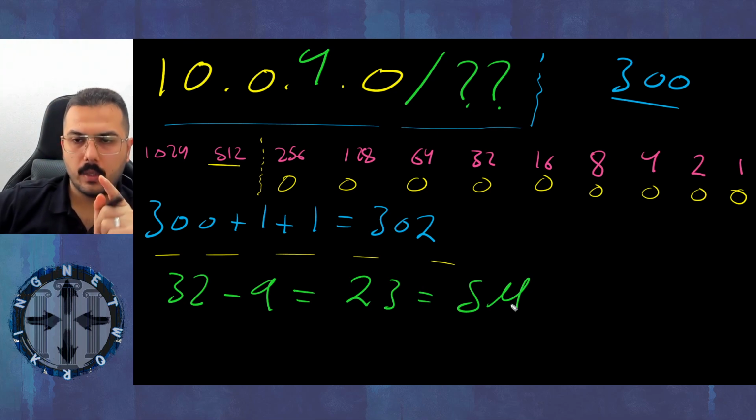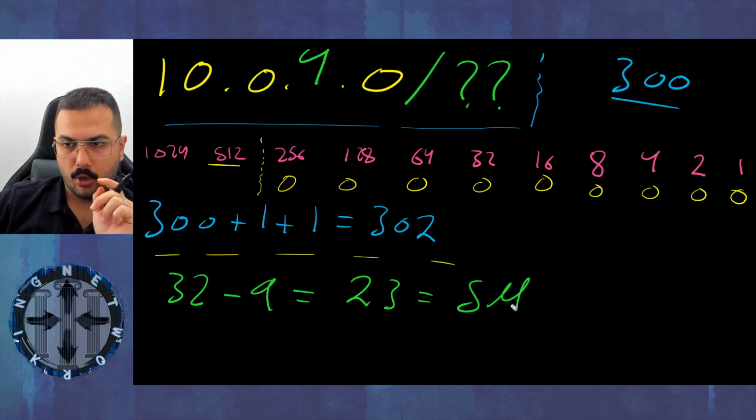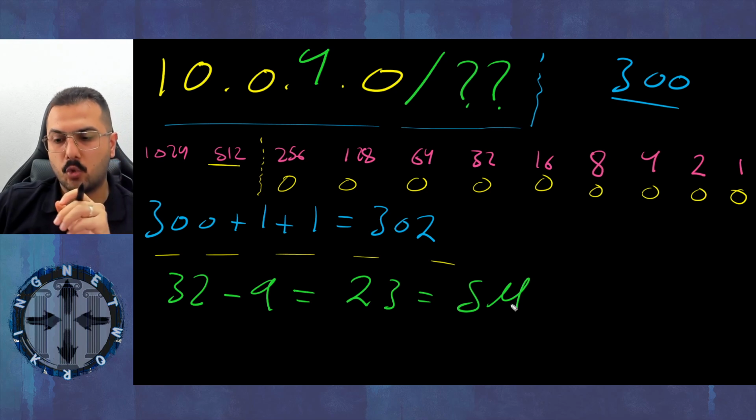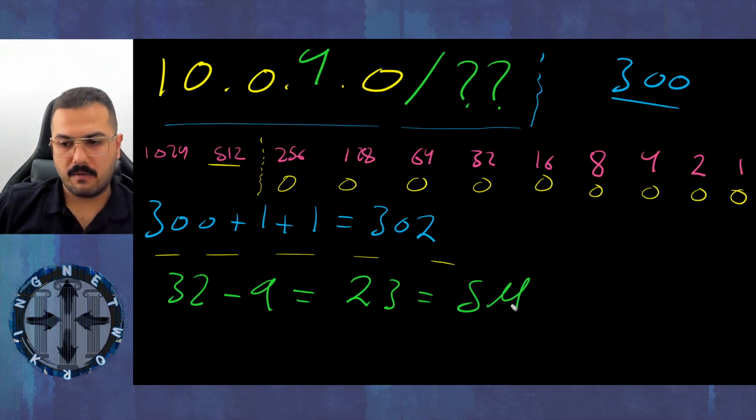So now you know that 10.0.4.0/23 is a network that is enough for 300 plus employees. Investing the most, wasting the least.